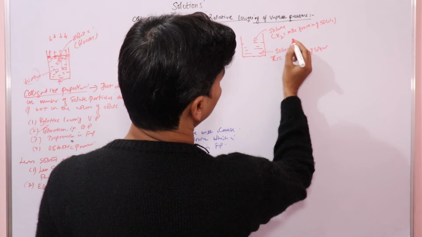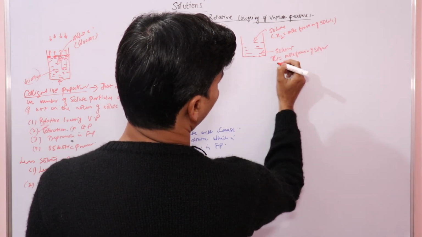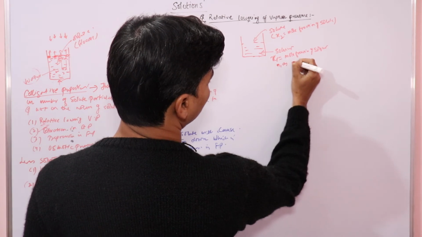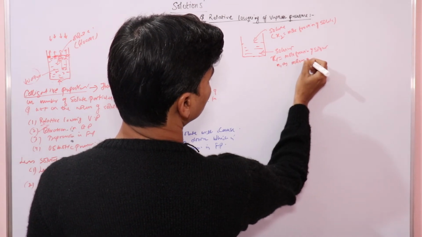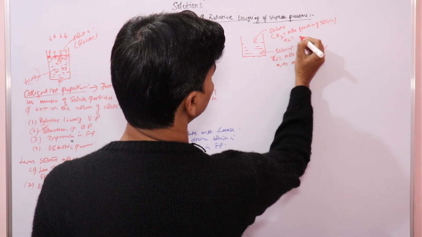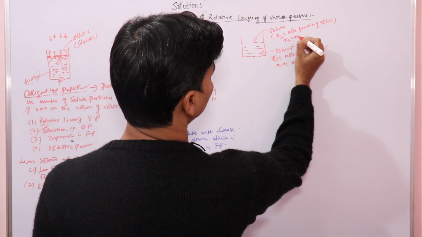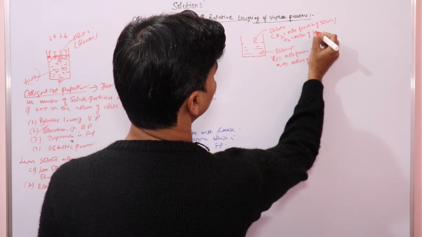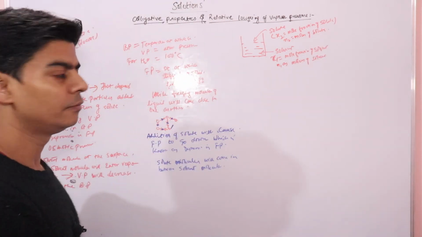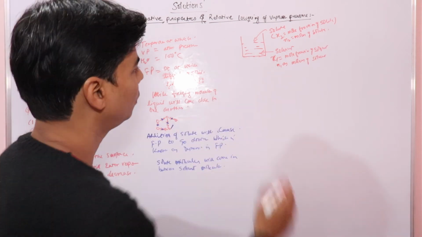Let's take n1 as moles of solvent, n2 equal to moles of solute. We have done this before also, right?